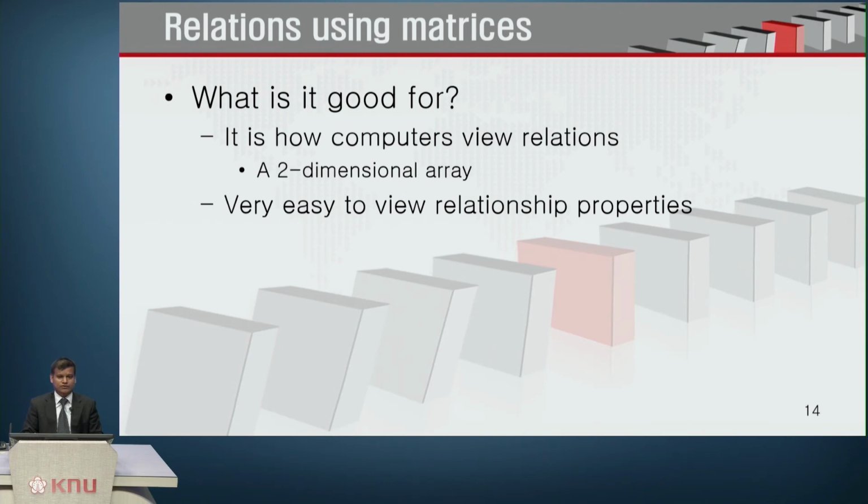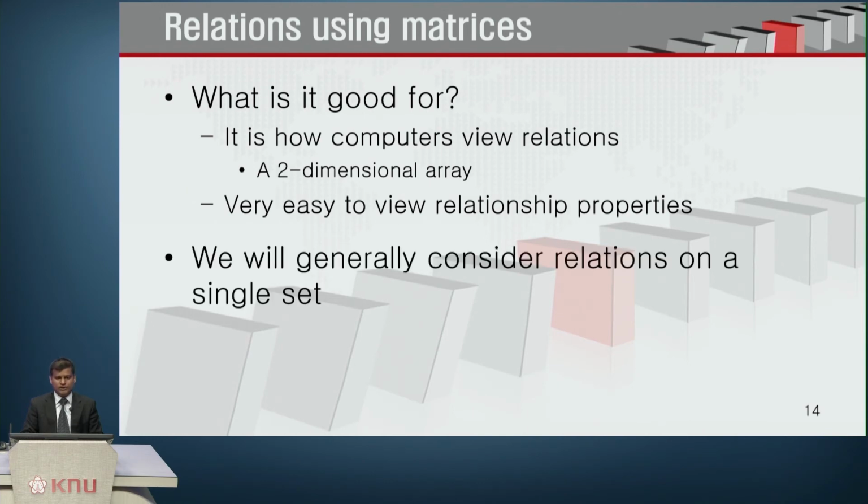It's very easy to view relational properties there. So we generally consider the relations on a single set. And later on, we will also see how various properties of this matrix can represent different views of a given relation.